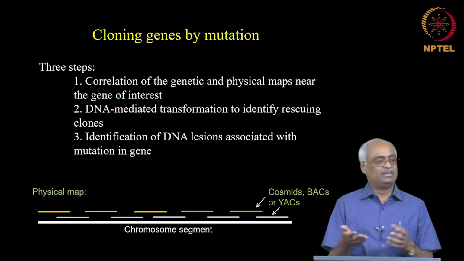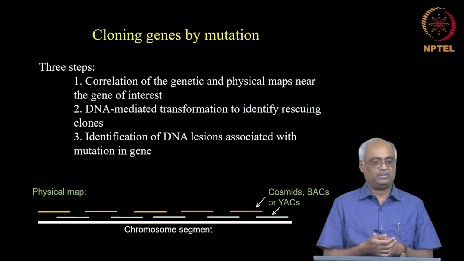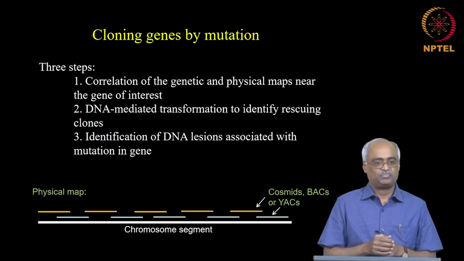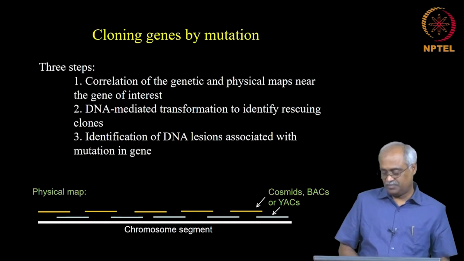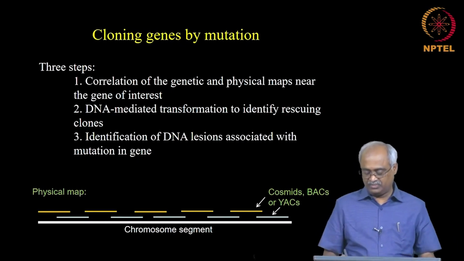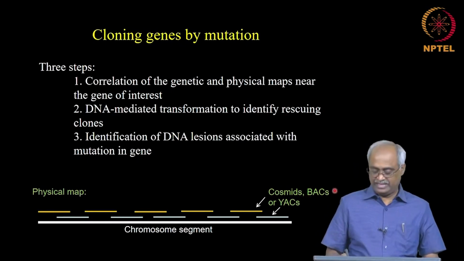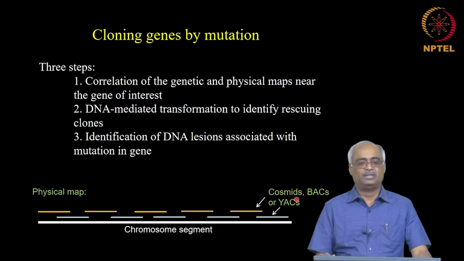So, the biggest insert you might clone is probably about 10 kb to 12 kb. But there are vectors called bacterial artificial chromosomes, yeast artificial chromosomes, and then even earlier than this, cosmids.